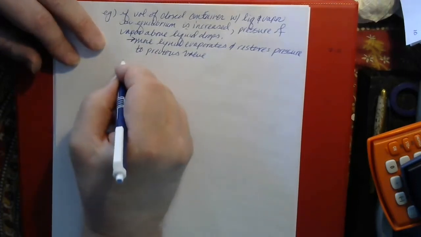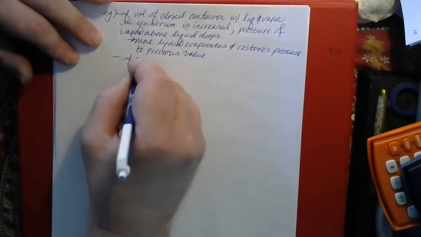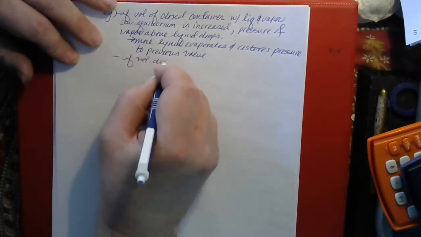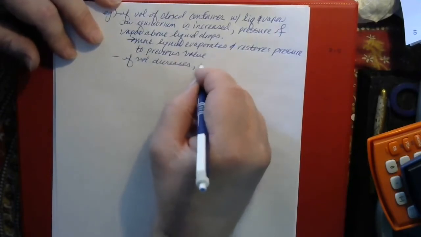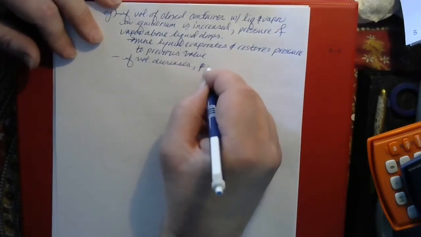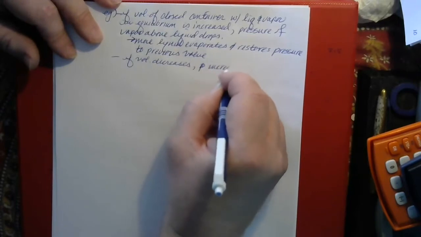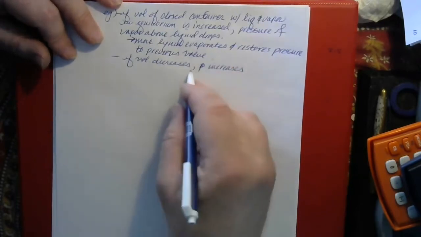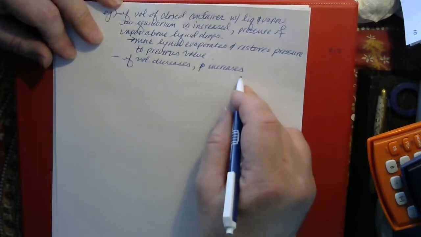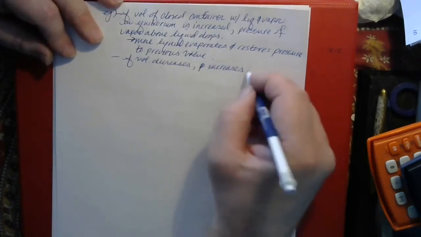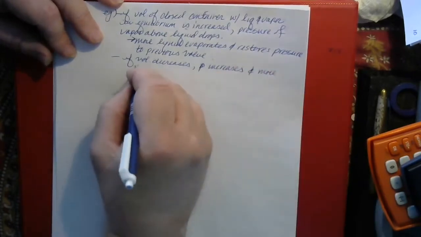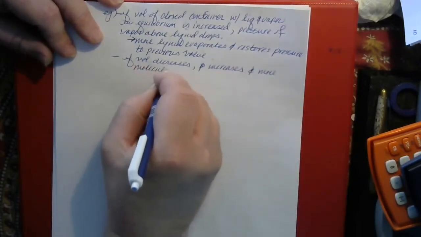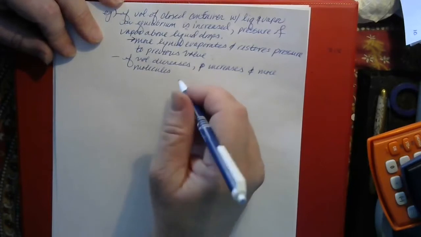The opposite will occur if the volume decreases. So if the volume decreases, the pressure of the vapor above the liquid will increase, and more molecules in the vapor will condense to the liquid.